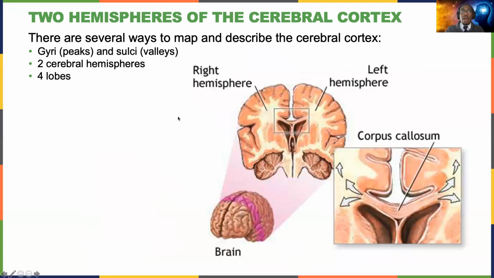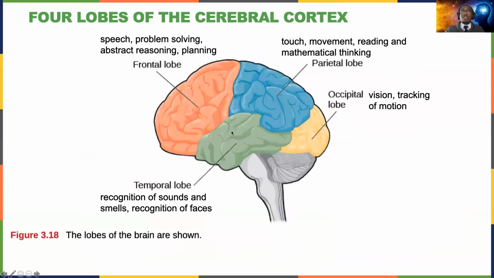Another way to describe the cerebral cortex is to look at the two cerebral hemispheres, as we talked about earlier. So we have the right hemisphere, the left hemisphere, and these are connected by the corpus callosum, which is a collection of axons spanning the two hemispheres that allows them to communicate and work together. Another more popular way to describe the cerebral cortex is to look at the four lobes of the cerebral cortex.